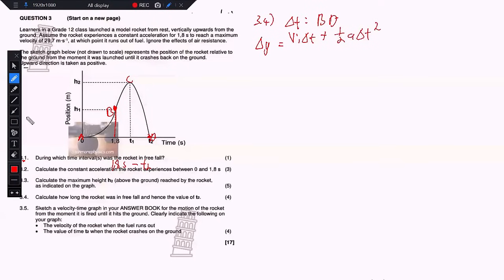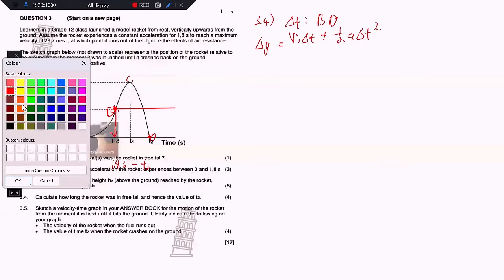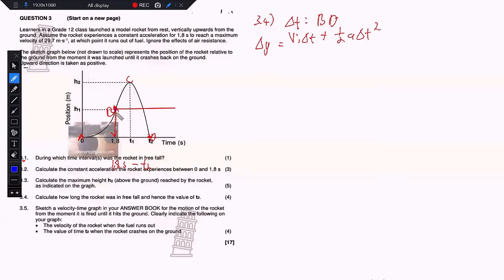Now, if we are looking for our displacement there, we can all agree that the displacement, remember the shortest distance between the 2 points, will be indicated by this here. So this would be the displacement in blue here, because remember the distance it covers going to the maximum height will be cancelled out as it comes back here.